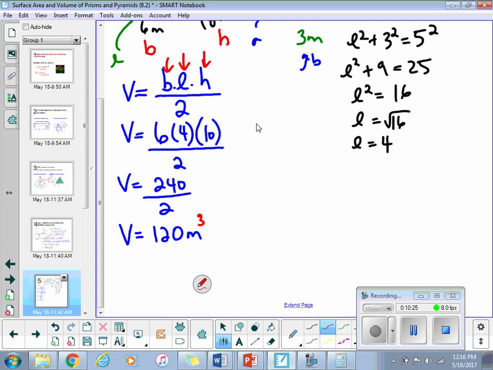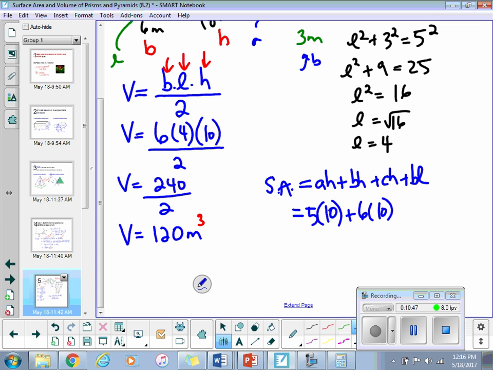And to calculate your surface area, your equation says A times H plus B times H plus C times H plus B times L. Plugging all of that in gives me 5 times 10 plus 6 times 10 plus 5 times 10 plus 6 times 4.